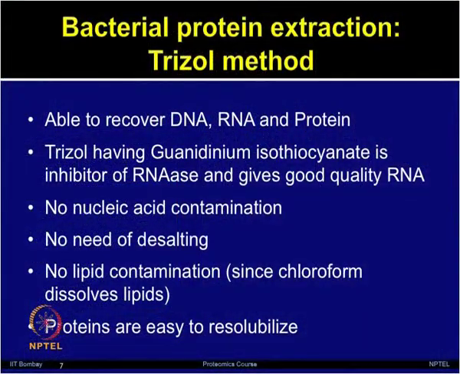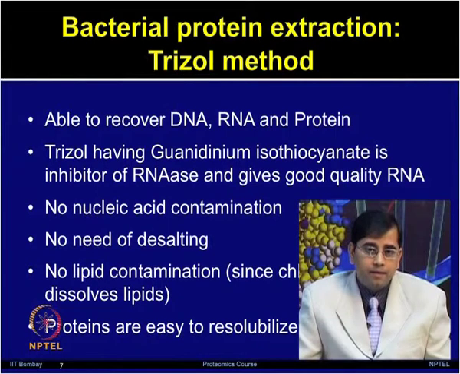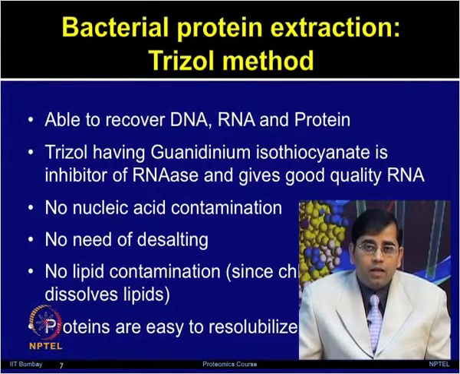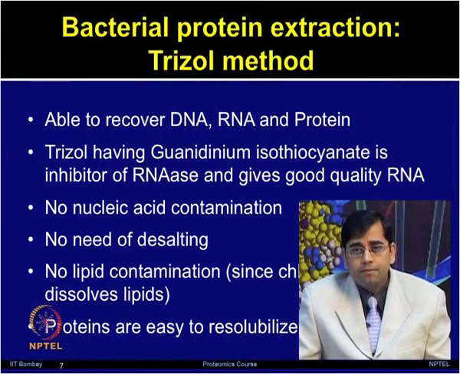Trizol, having guanidinium isothiocyanate, is an inhibitor of RNases and it provides very good quality RNA. This method also eliminates any possibility of nucleic acid contamination, because you are already removing DNA and RNA. Salts are also removed by using this method. There is no lipid contamination, because chloroform is used along with Trizol, which dissolves the lipids.